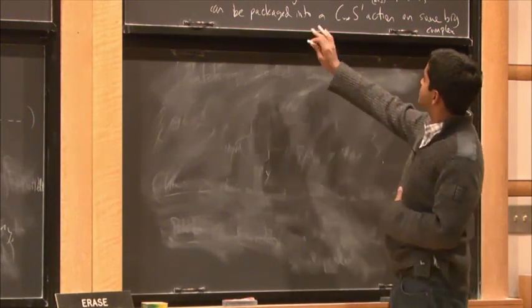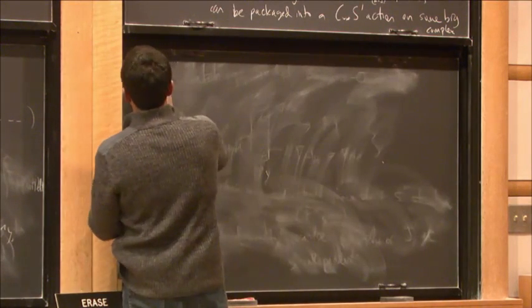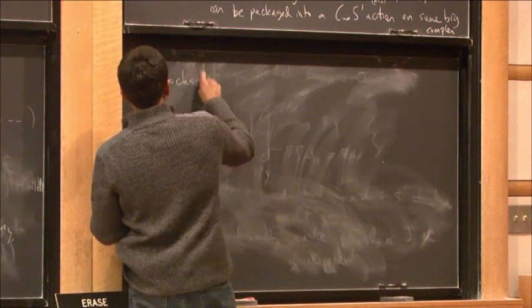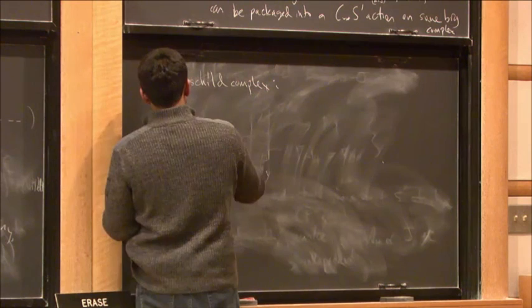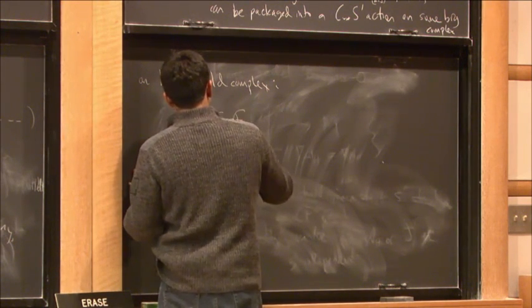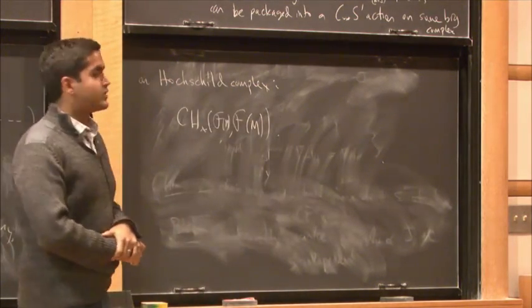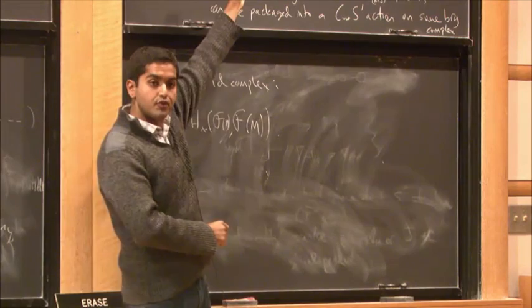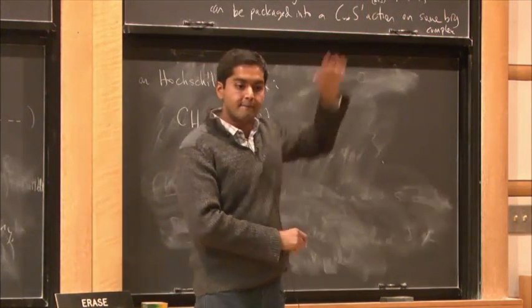Okay, so these cyclic symmetries can be packaged into a big chains of S1 action on the Hochschild complex, which very explicitly is some invariant of our category, which consists of some big direct sum of Floer complexes corresponding to every one of these path spaces.